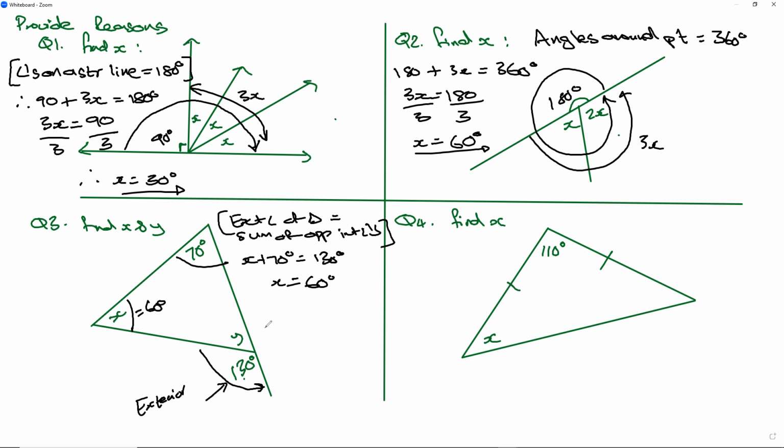To find y, I could find it in two different ways. I could add these three angles up, and it will add up to 180 degrees. So method one of finding y. I could say 60 plus 70 plus y equals 180. 130 plus y equals 180. So y equals 50 degrees.